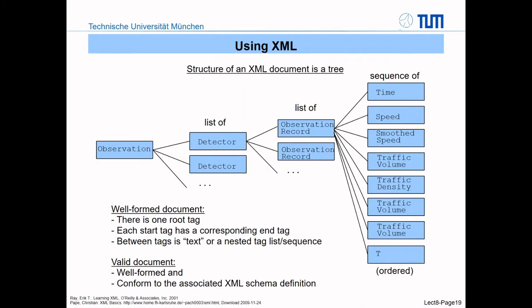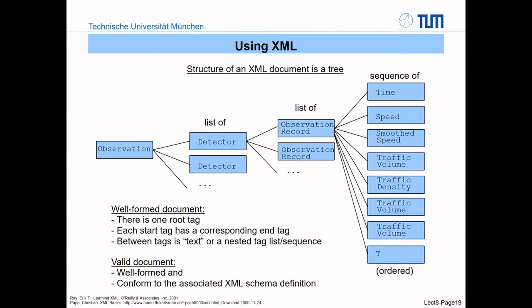So therefore you have a well-formed document if all start and end tags are available, and you have this ordered list. In principle, it's not necessary that it is ordered, because you directly find it, since you can make a tag which has observation.detector.observationRecord.time, so that you have a clearly defined setup.